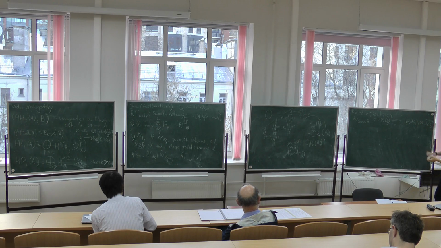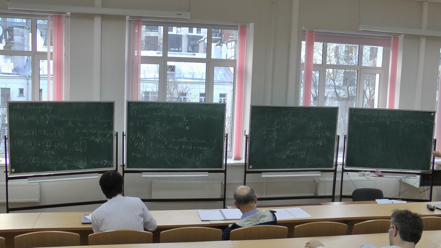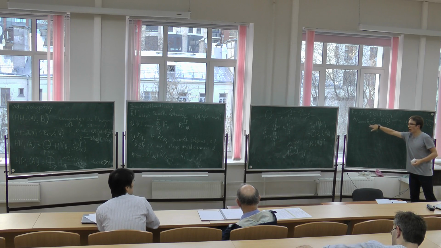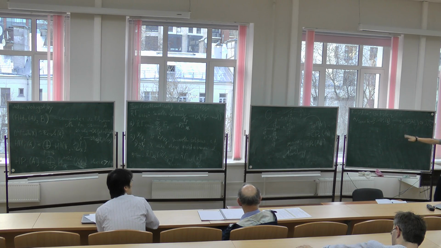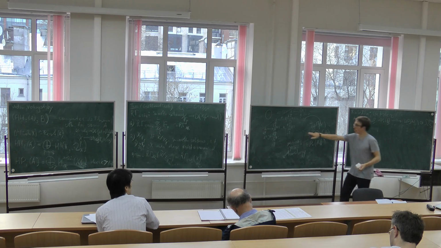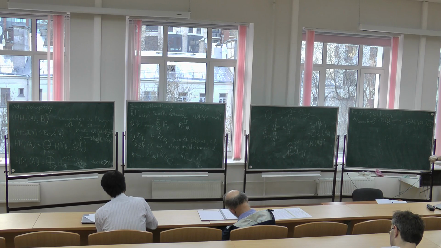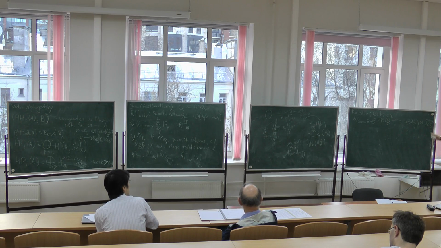Before, I was working over a base which was a field, and if you want to work over arbitrary rings, everything works exactly the same, but you should assume that your algebra is, say, generalized flat, so that the complex is exact. So there is this flat connection.